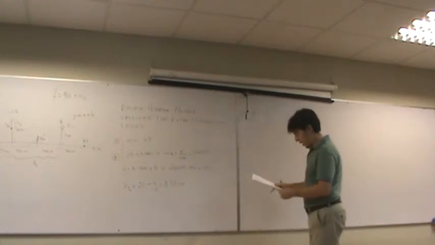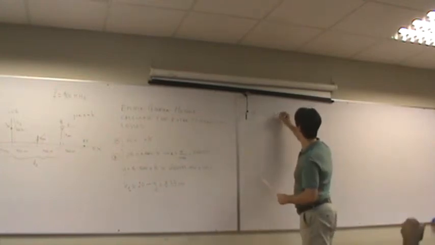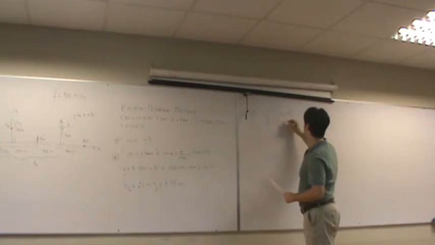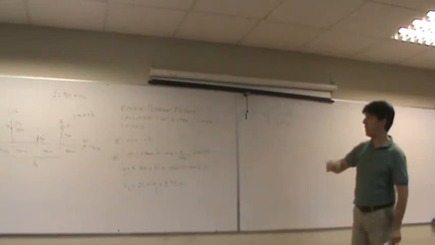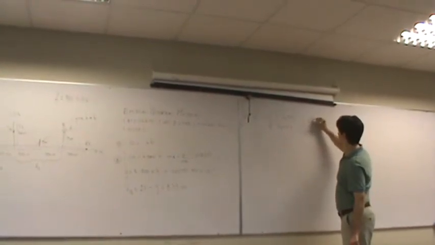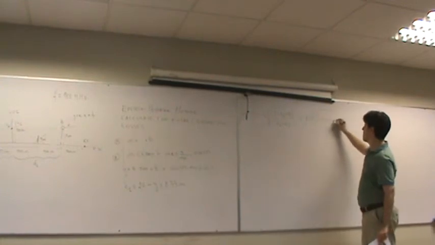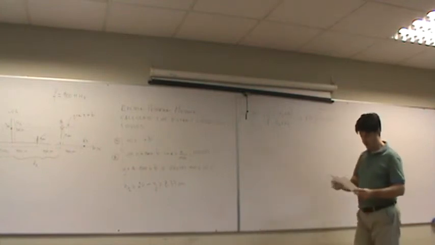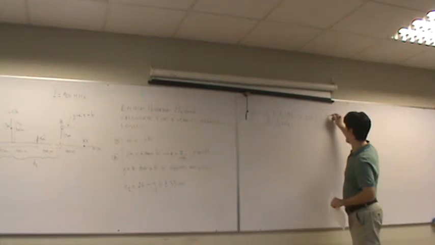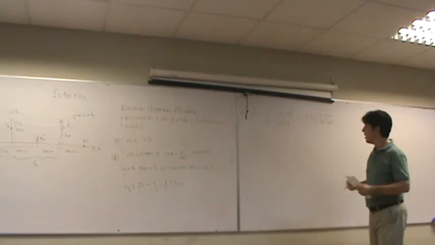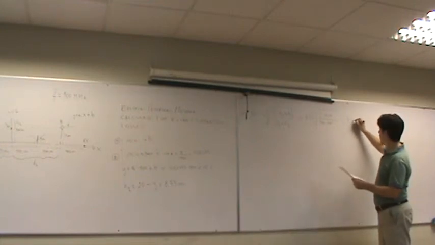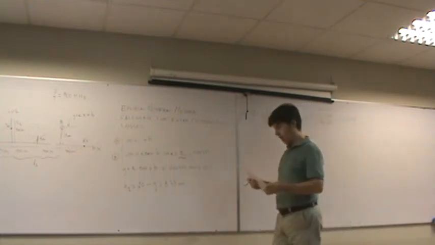So now we can calculate the Fresnel-Kirchhoff integral parameter for H1. The usual expression: square root of 2 times H1 times (d1 plus d2), where d1 is 500 meters. This is 1,500 meters. Divided by 500 times 1,000. And if my calculations are correct, you get 1.12 for the Fresnel-Kirchhoff integral.